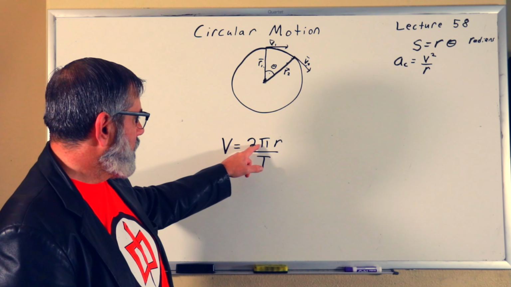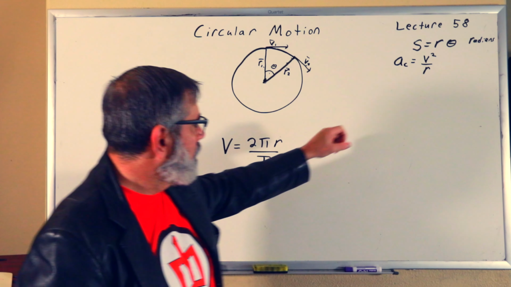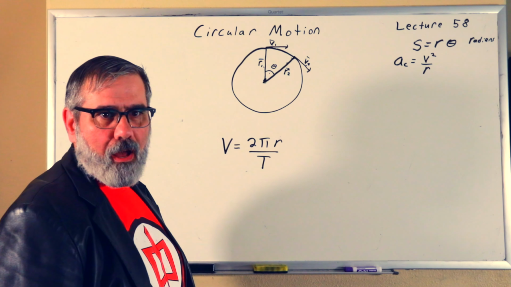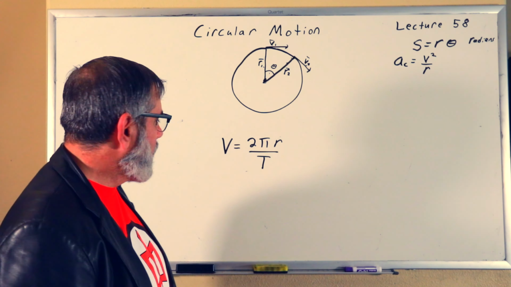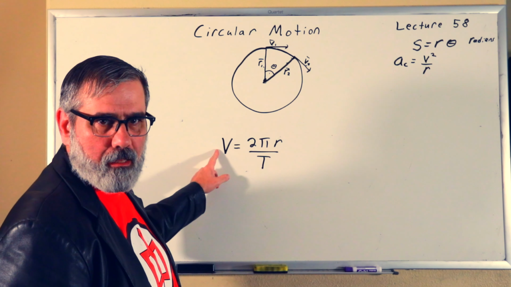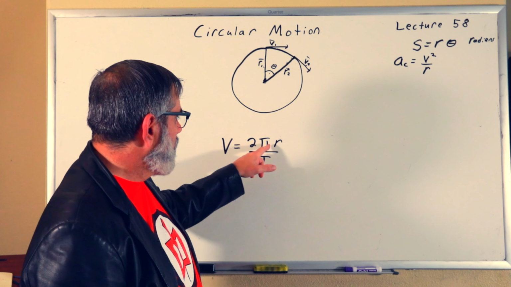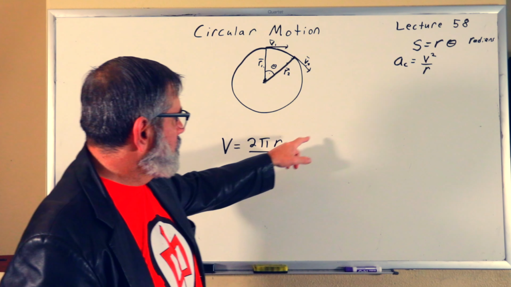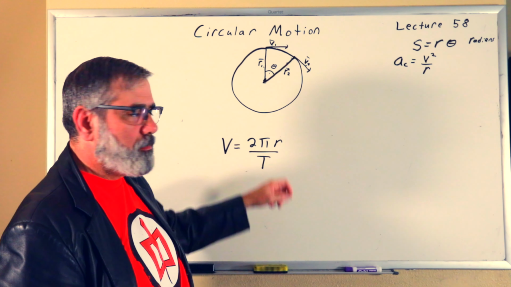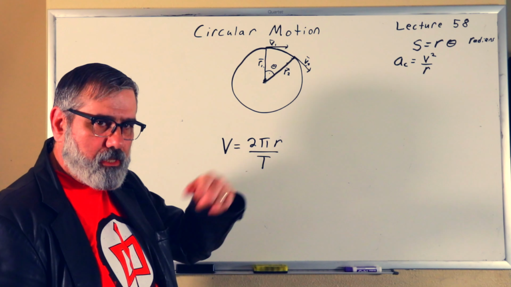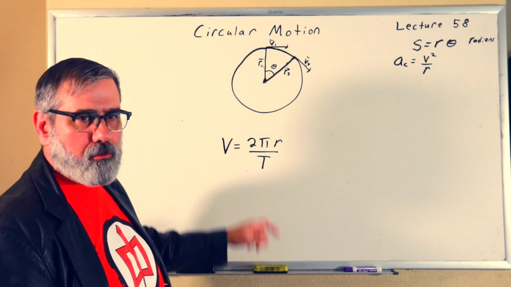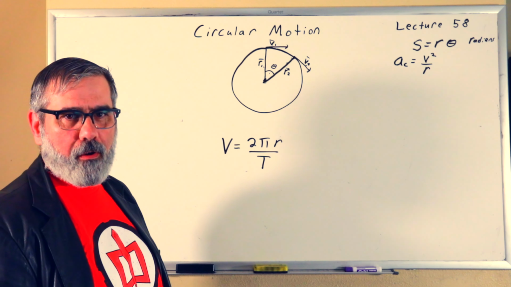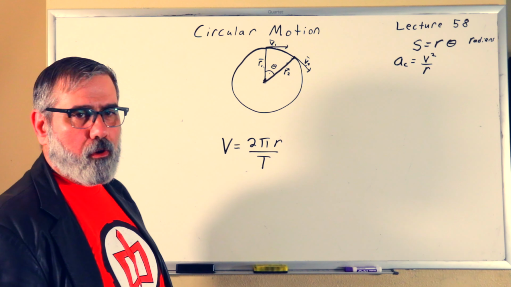So for a full circle, notice that I changed theta here in s equals r theta. If I divide delta s by delta t, that gives me a velocity v. And that will be equal to, if I go all the way around the circle, I've traveled 2 pi radians. Using s equals r theta, multiplying 2 pi radians by r gives me the distance that I've traveled, and this is the time it took to travel that full circle. We call that the period of the revolution, the period of the circular motion.